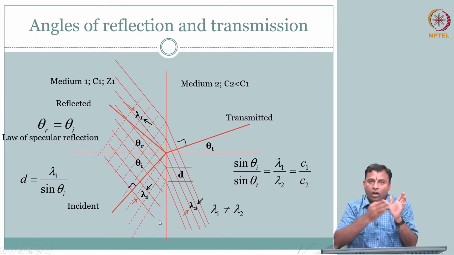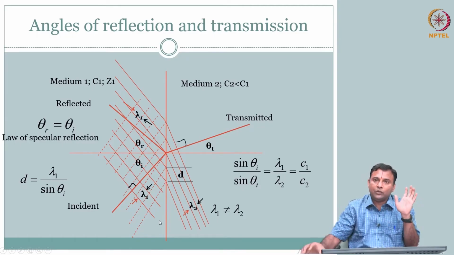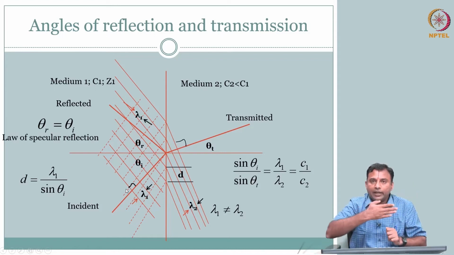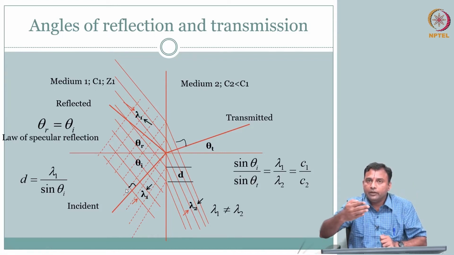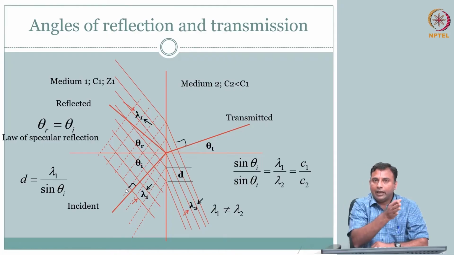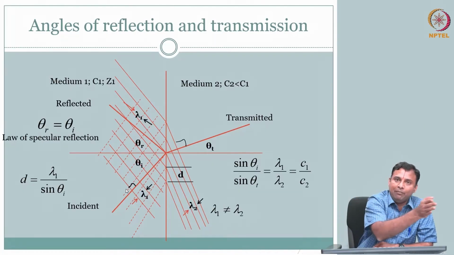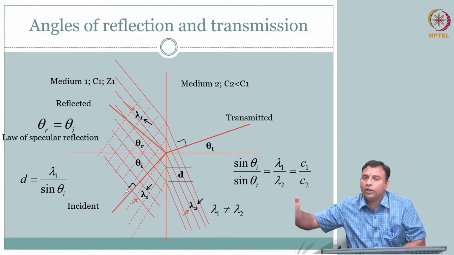All of the phases are also traveling like that only, so no problem with that. So when it is going like this, I have an interface, it is hitting the interface, coming back in the same medium, and some of it is going forward.